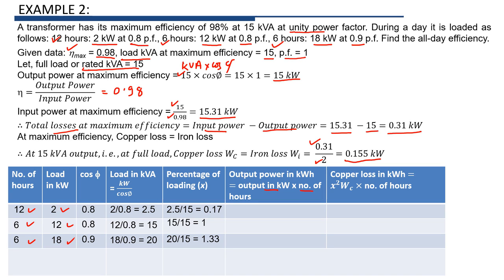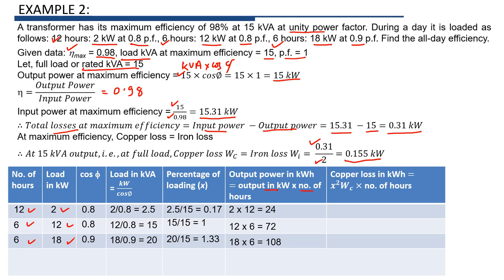So in the first case it is 12 into 2, that is 24. In the second case it is 12 into 6, that is 72, and in the third case it is 18 into 6, that is 108. So this is the output in kilowatt hour during various time slots.